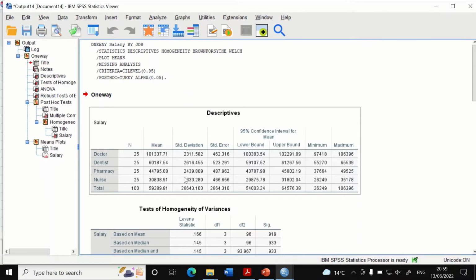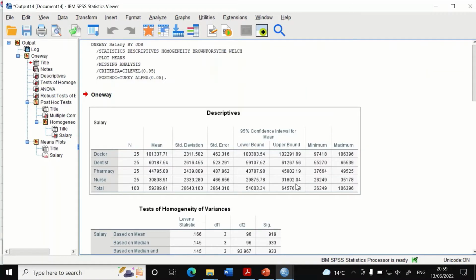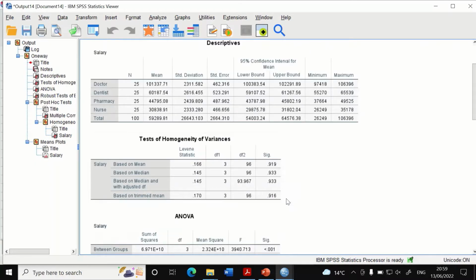So that also gives insight that there is homogeneity of variance. And one of the assumptions for ANOVA that has to be met is homogeneity of variance, and that is given in the next table. It shows that there is a homogeneity of variances between those four groups of individuals.